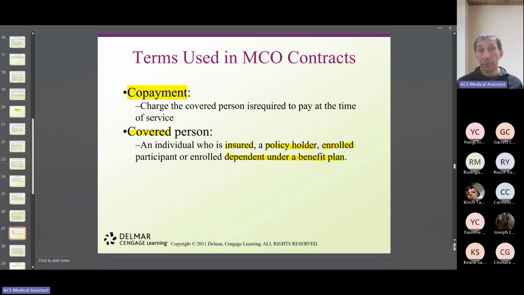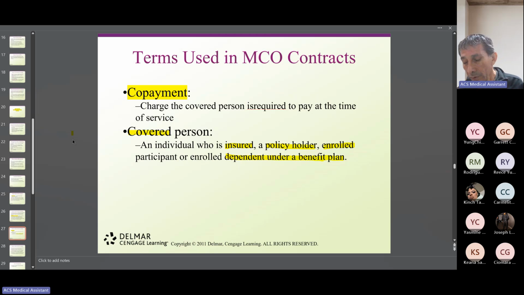So that's how a covered person works. As long as you are under somebody else's insurance, you are covered. And if you have your own insurance, you're covered, whether because you pay for it or because you got it through your job or through the government. You are covered.